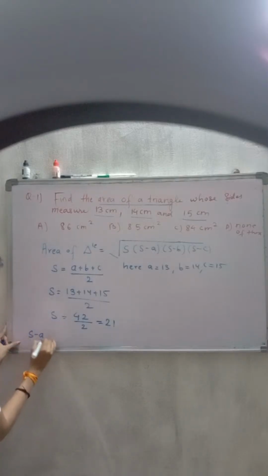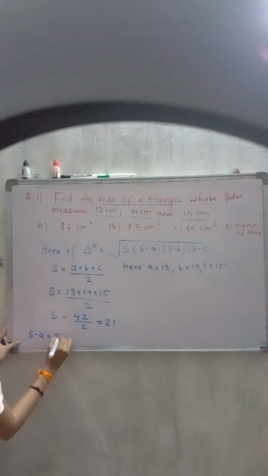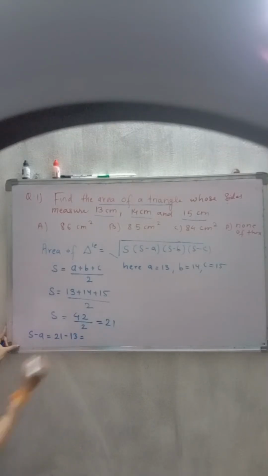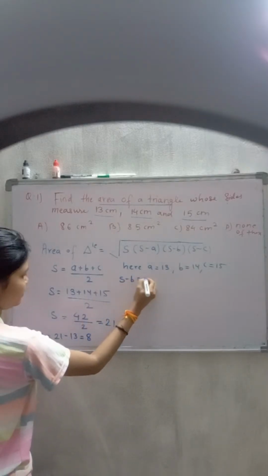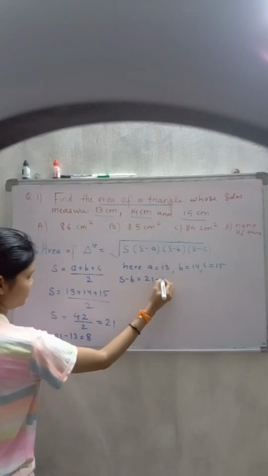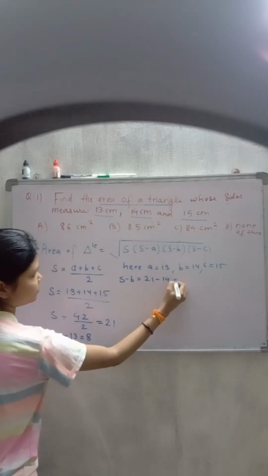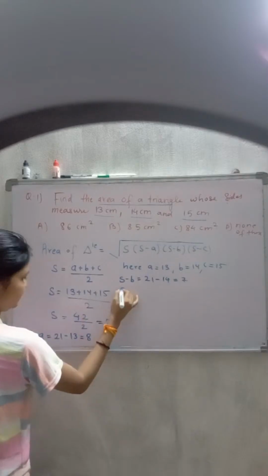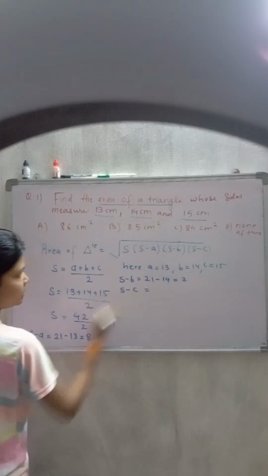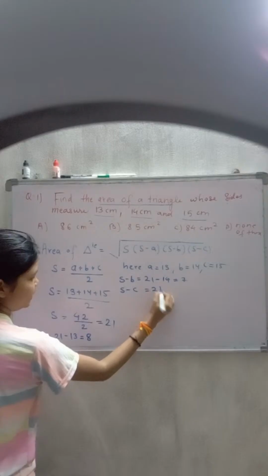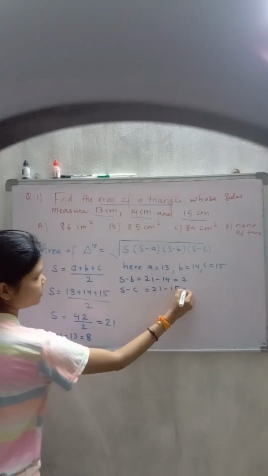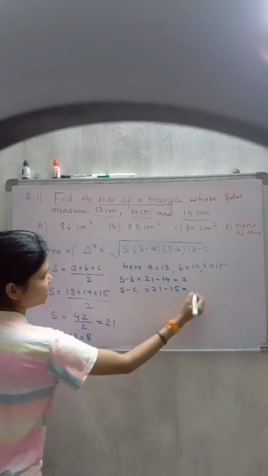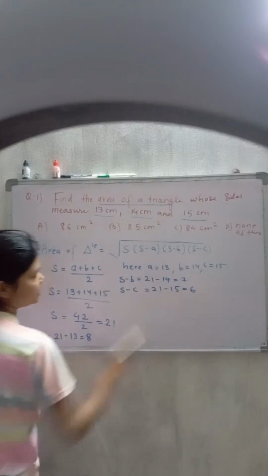And S minus A equals 21 minus 13, which is equal to 8. S minus B equals 21 minus 14 equals 7. S minus C equals 21 minus 15, which is 6.